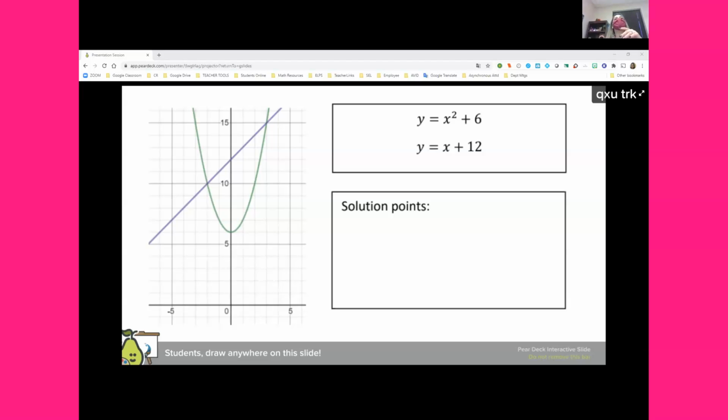Go ahead and do it on the calculator, en la calculadora.